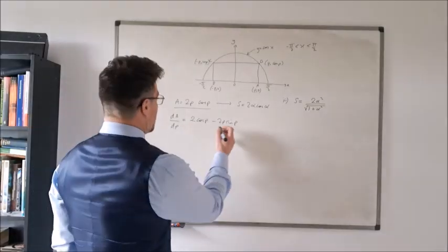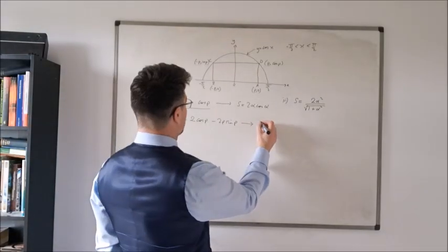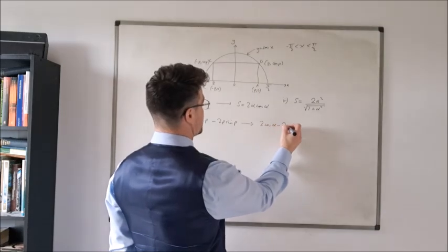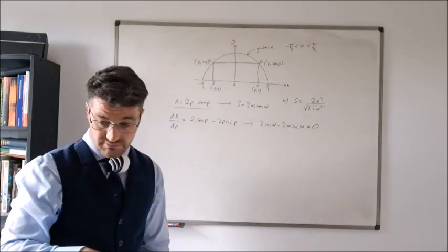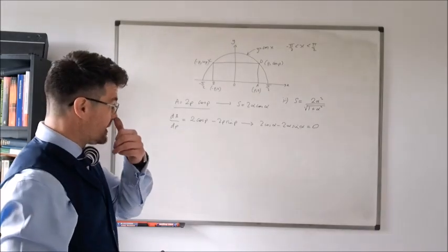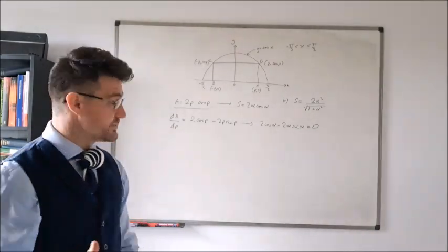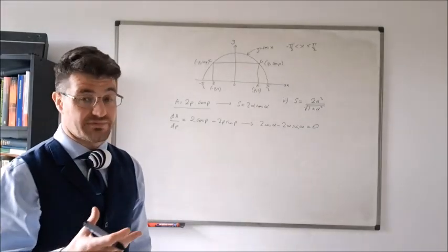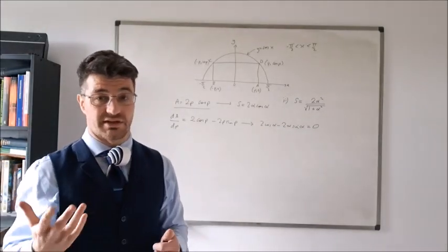So what I also know is that when p equals alpha, we get 2 cos alpha minus 2 alpha sine alpha is equal to 0. So after a bit of messing around, I figured out what to do. Like I said, this didn't happen straight away. It took me a few minutes, probably 5 minutes or so, to figure out what to do. This is normal. Give yourself time to think.